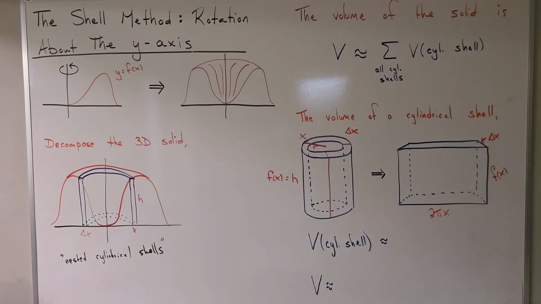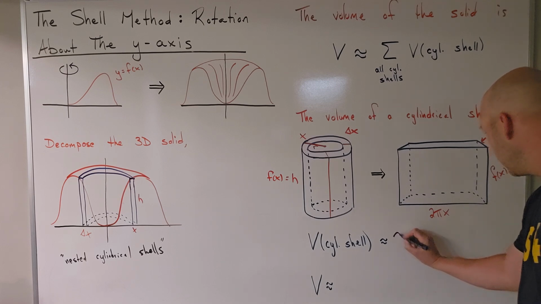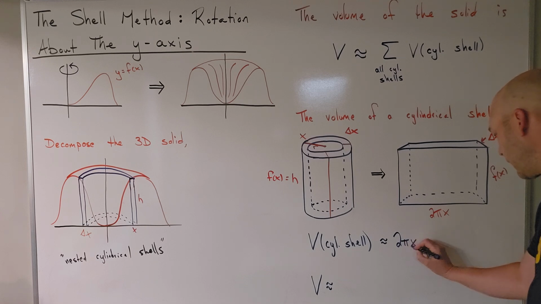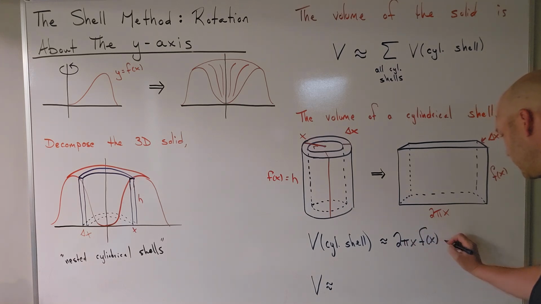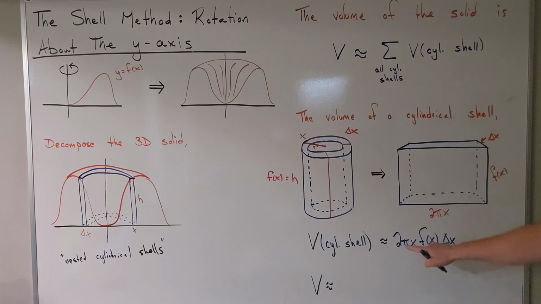Therefore, the volume of a cylindrical shell is 2 pi x, f of x, delta x. It's the product of those three dimensions, right? The volume of a box is length times width times height.